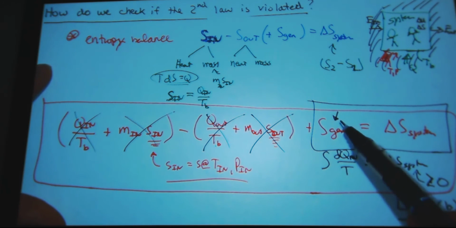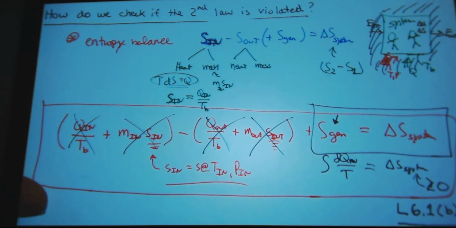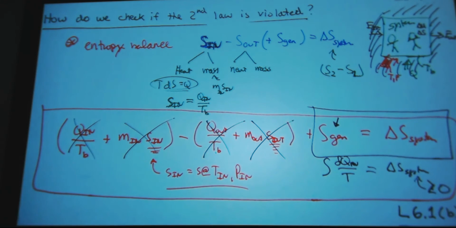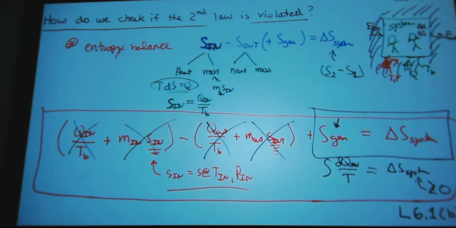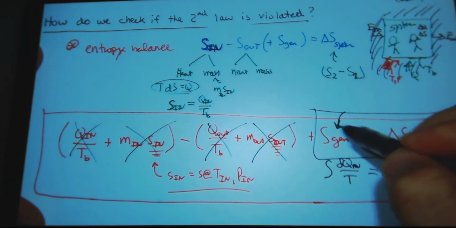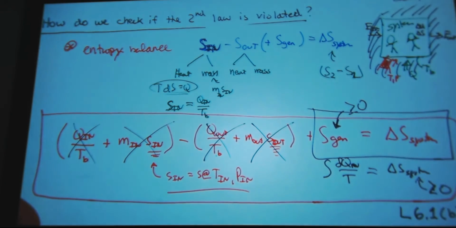So if I have an isolated system, anything that takes place within this box, either I'm going to have no entropy generated, or whatever takes place within, as soon as the boy and girl stickmen look at each other, there's entropy generated. However you want to look at it. Or there was nothing that happened. There's a lot of ways we can go into that. But anyways, entropy generated has to be greater than or equal to 0 for an isolated system.